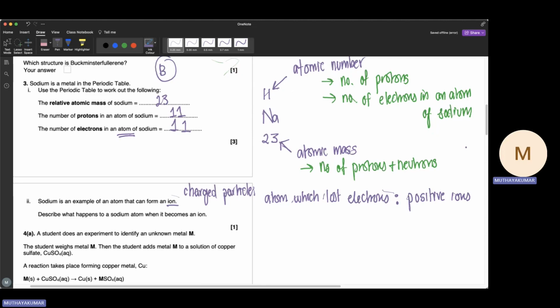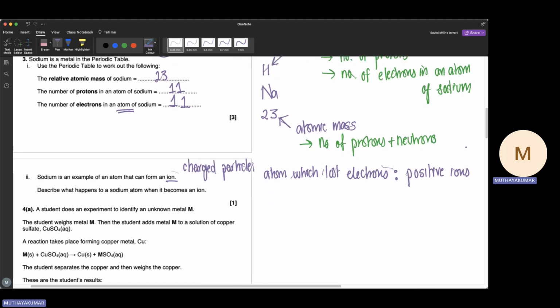So there's an unequal number of positive protons and electrons, and we've got more protons. So it forms a positive ion. An atom which gains electrons, one or many, forms a negative ion.